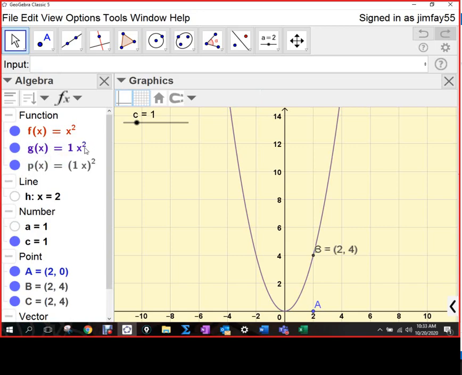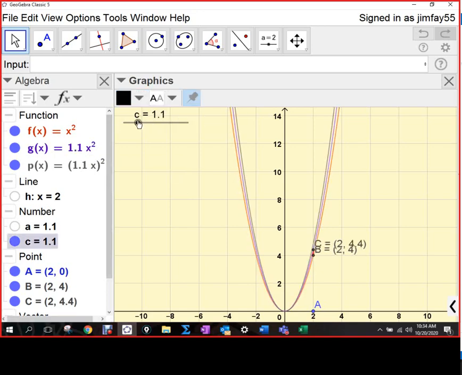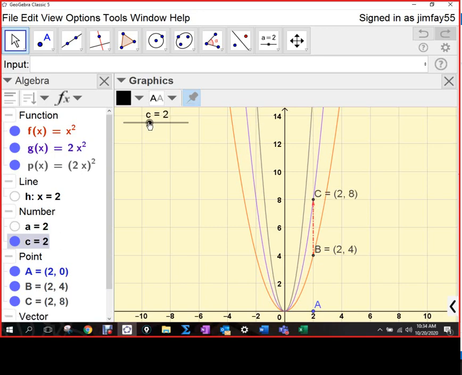Here, in the purple one, the exponent is only applied to the x, correct? Now here, the exponent is getting applied to this 1 as well. So when I make this go to a 2, the red one here is our parent function, and the other two are a vertical stretch.